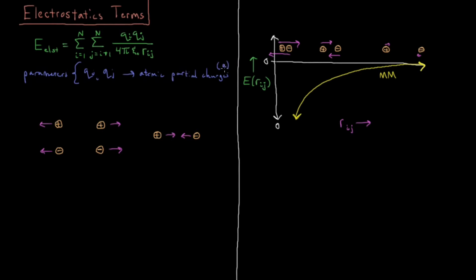So something with half an electron charge would be 0.5, etc. And we have our variable, same as the variable from the van der Waals case, Rij, which is the interatomic distance. Typically, again, in units of angstroms.